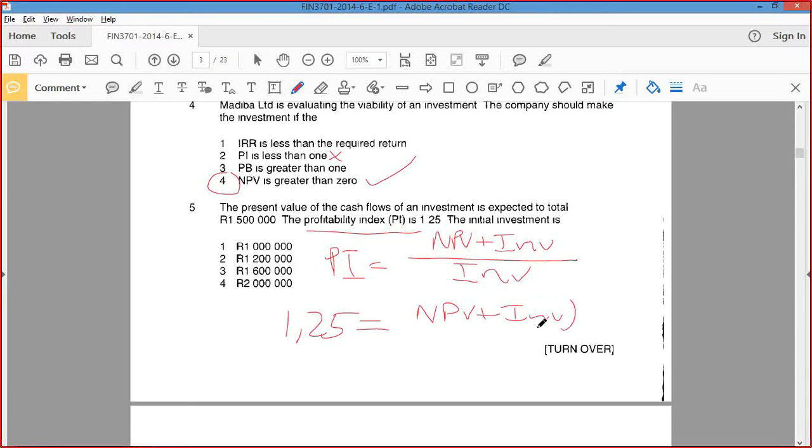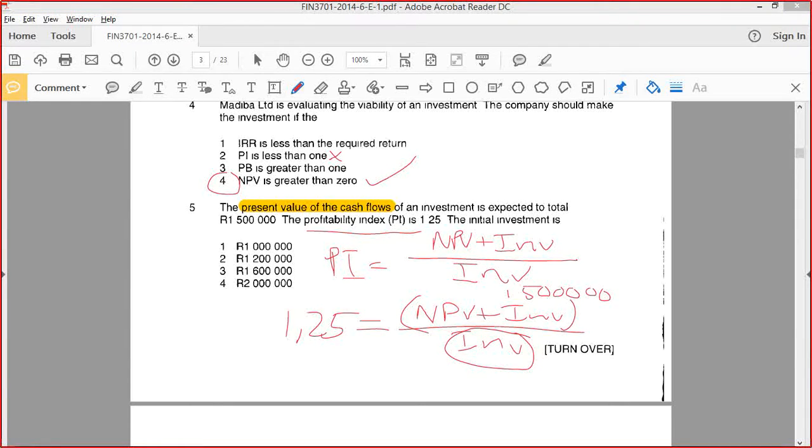Yeah, because the question gave you the present value of the cash flows. Right, they're actually giving you the 1.5 at the top. So then you're just solving for INV. Yes, okay, option 2.